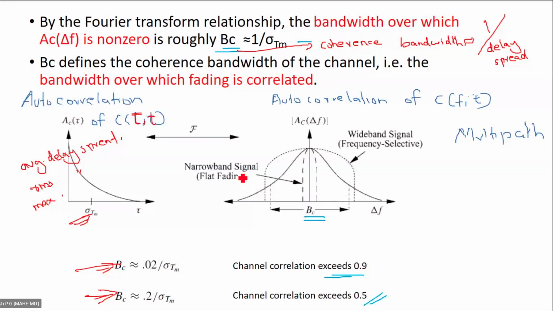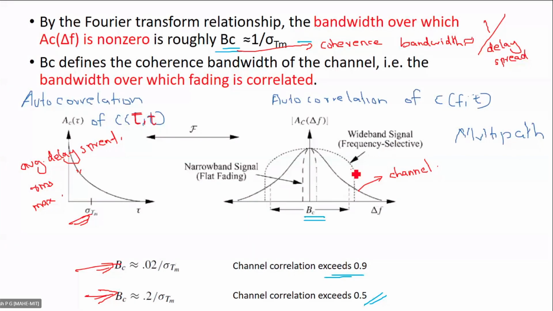So if you plot the autocorrelation of C of f comma t, you have the dark line as the channel. You can say that this is the channel here, and there are two signals here, the narrowband signal and the wideband signal.